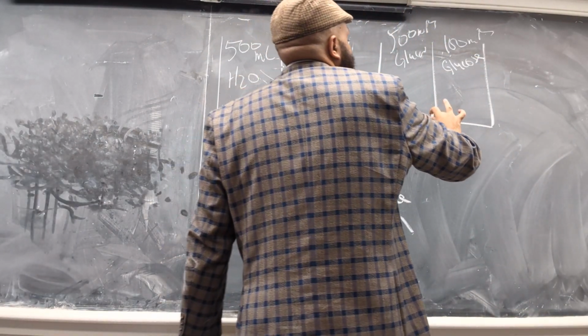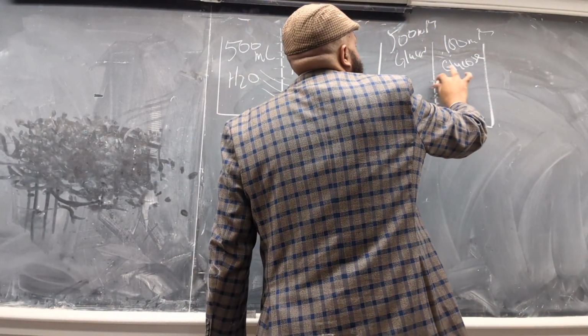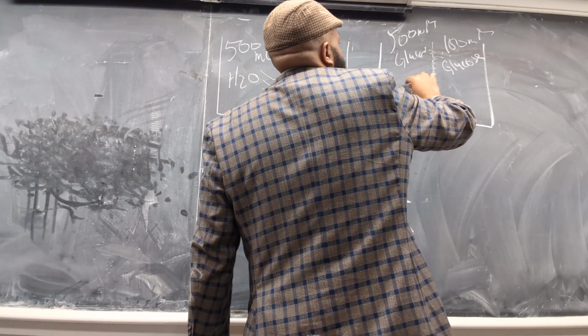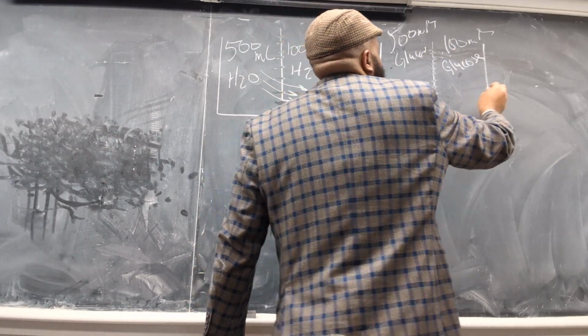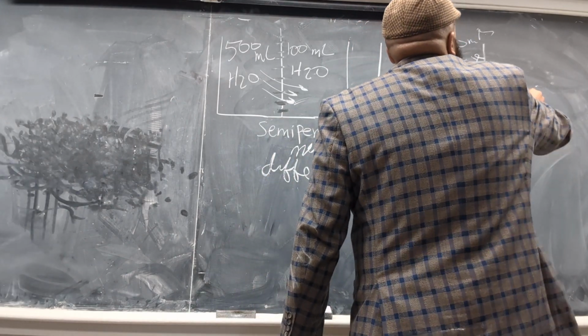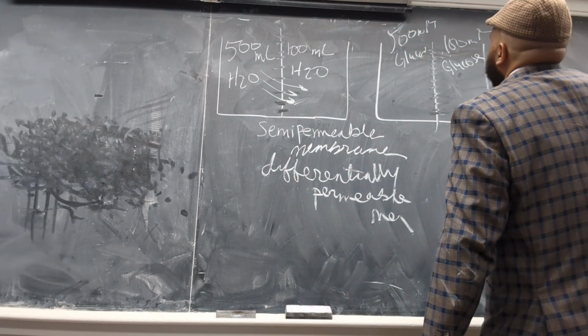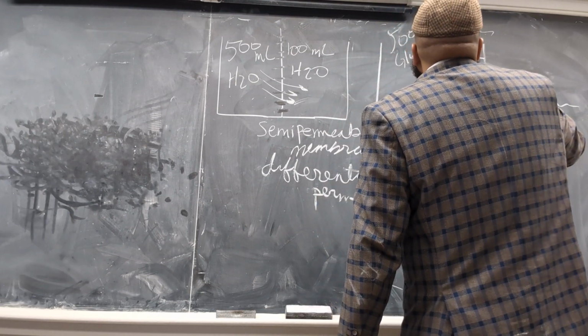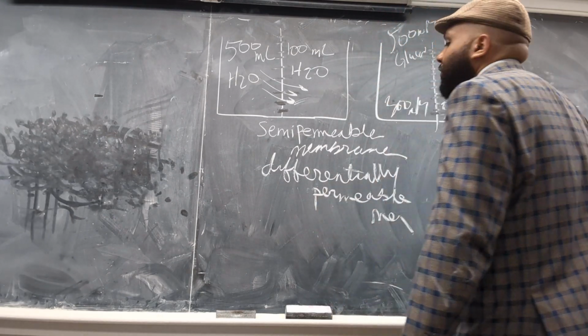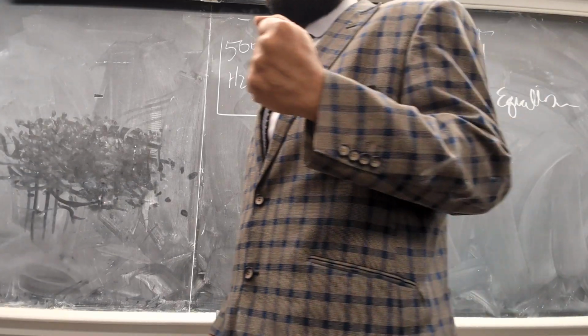If you make a differentially permeable membrane that allows glucose to pass through, then the 500 is going to move to the 100 until they even out at equilibrium, and both are going to be 300 millimolars of glucose on both sides.